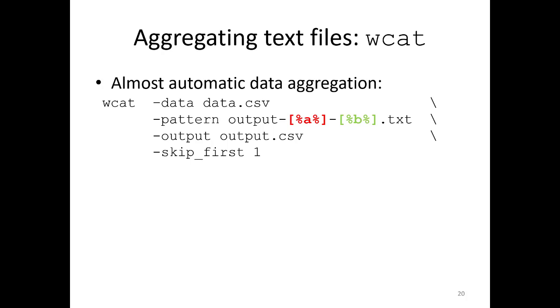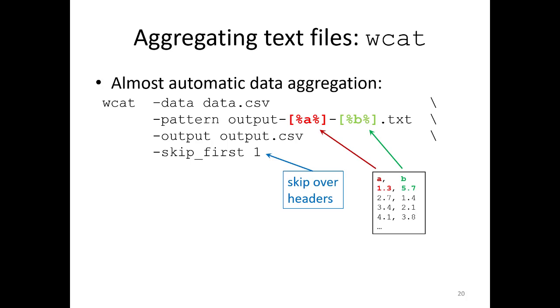And one of the things you can do is skip lines in each individual file. So in this case we skip the first line, because for instance it might contain column headers, and we only want those once. We don't want them repeated for every so many rows, as there are lines in the individual output files. So wcat will in fact do that pretty much automatically for you, and you will be able to do that easily.